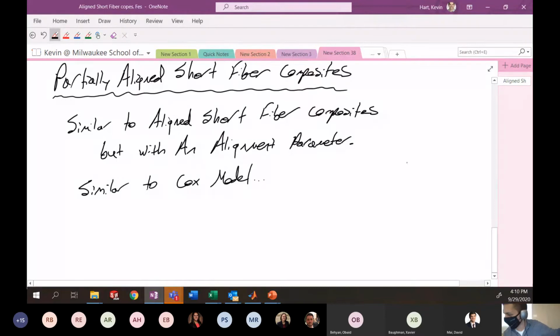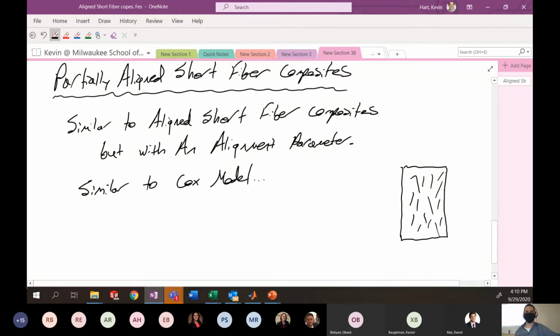So for a partially aligned composite, just to draw the picture so we all remember what it looks like, this might be a composite that has partially aligned components. They're not all in a similar direction or array, but they're generally pointing in one direction, kind of, sort of, if you bend your head just right.